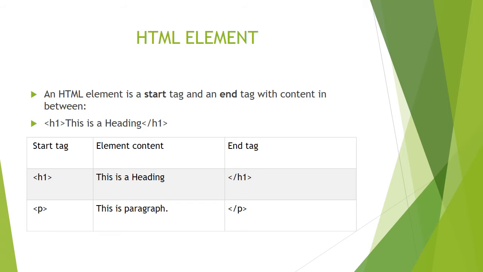For example, as shown on this screen, the H1 has an element H1, then the element content, and most importantly the end tag. So note this: every element you choose must always have a start tag and also an end tag.